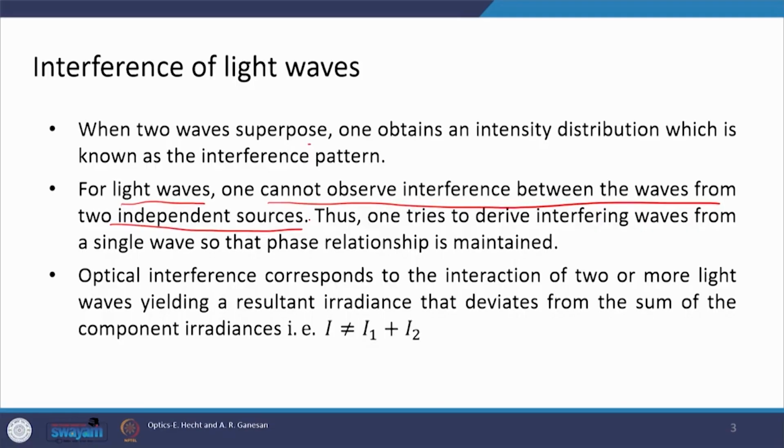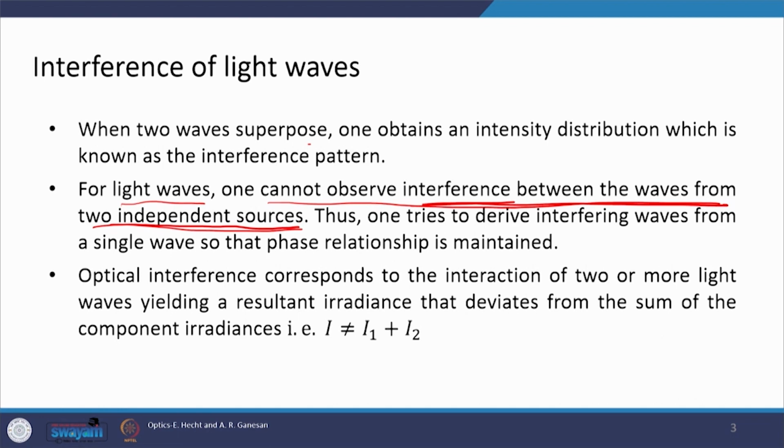For light waves, one cannot observe interference between the waves from two independent sources. This is the usual sentence which we learn in our textbook. But this is not the case.